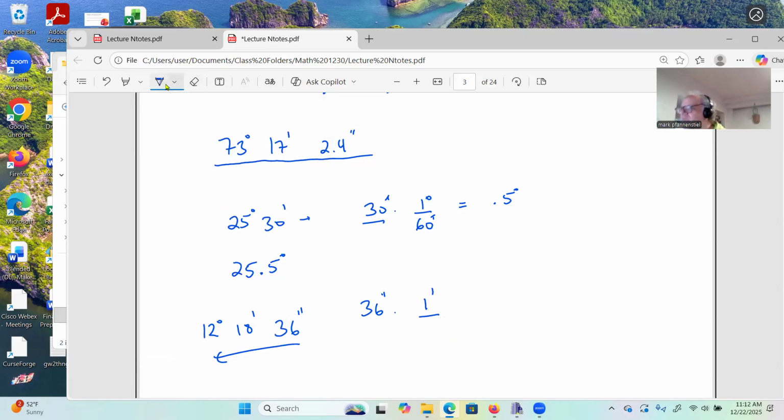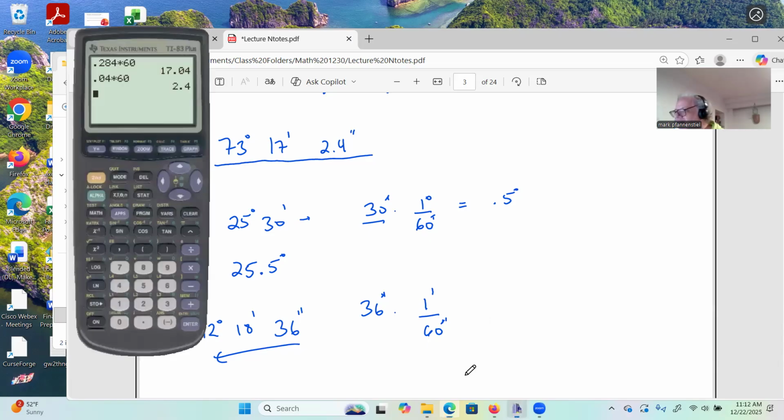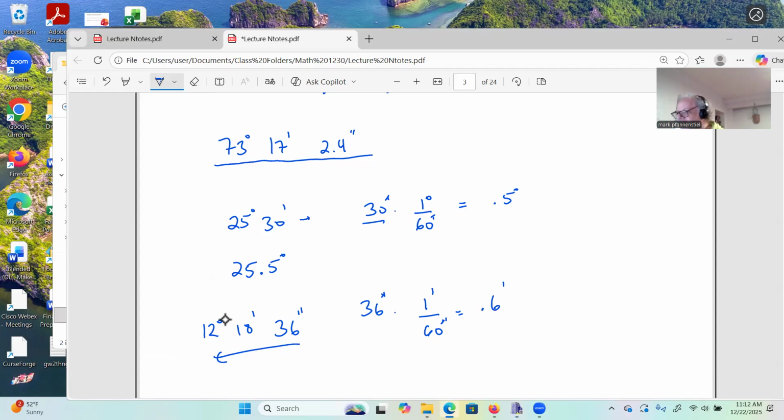The seconds cancel. So we're going to say we have 36 over 60. So we'll go ahead and do that. We have 36 divided by 60, and this is equal to 0.6 minutes.